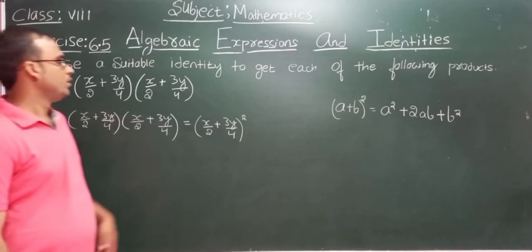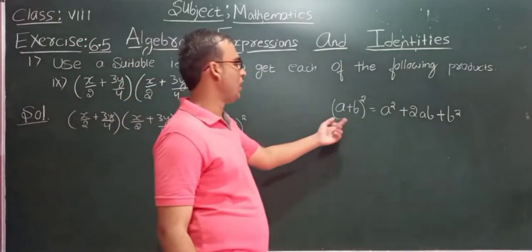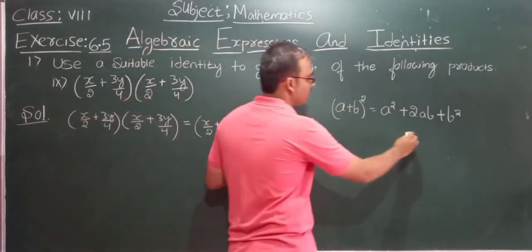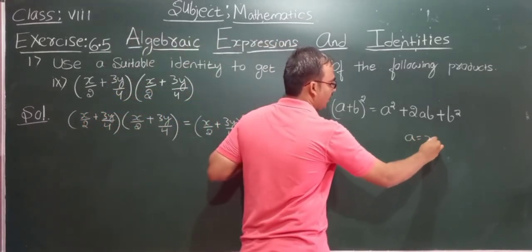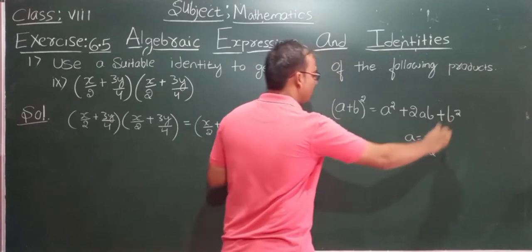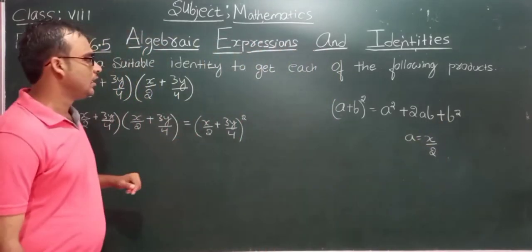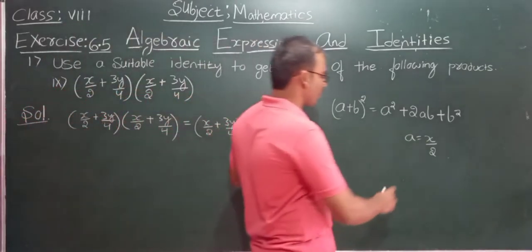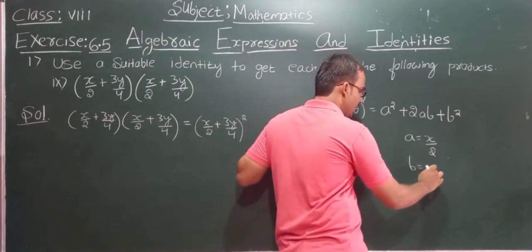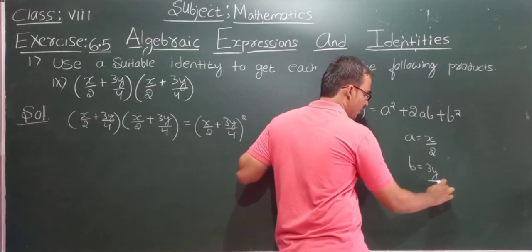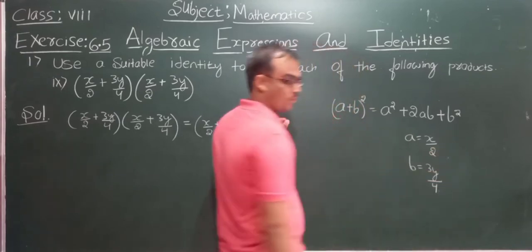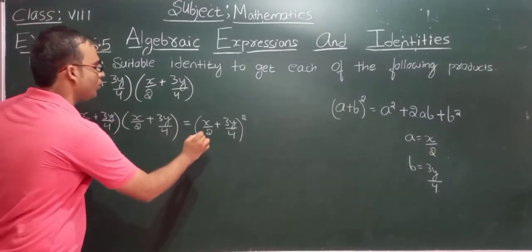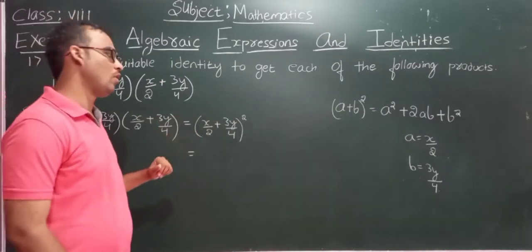Now compute this with the formula. In place of a, what is there? X by 2. Next, in place of b, what is there? 3y by 4. Now we'll put these values of a and b in the formula.